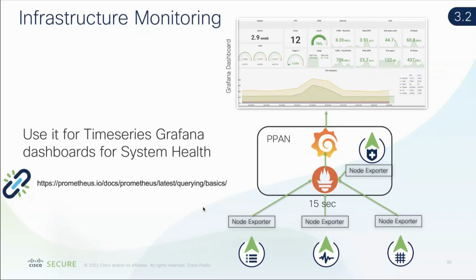Probably by the end of GA, we're going to get confirmation whether we can modify it or not. But at this point, 15 seconds is the interval at which each and every node exporter sends that information to Prometheus, and Prometheus stores it in the time series database. Using the data it collected, Grafana can query and create the dashboard around it.